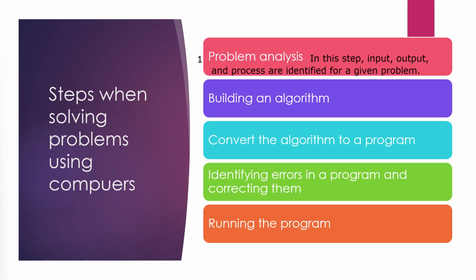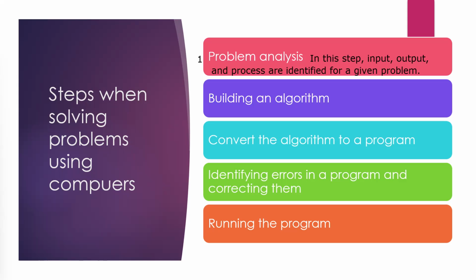What is the process? You have a recipe, right? You know the ingredients, you know what to do, you have a set of steps you need to follow. So that's the process. So that's the first one.